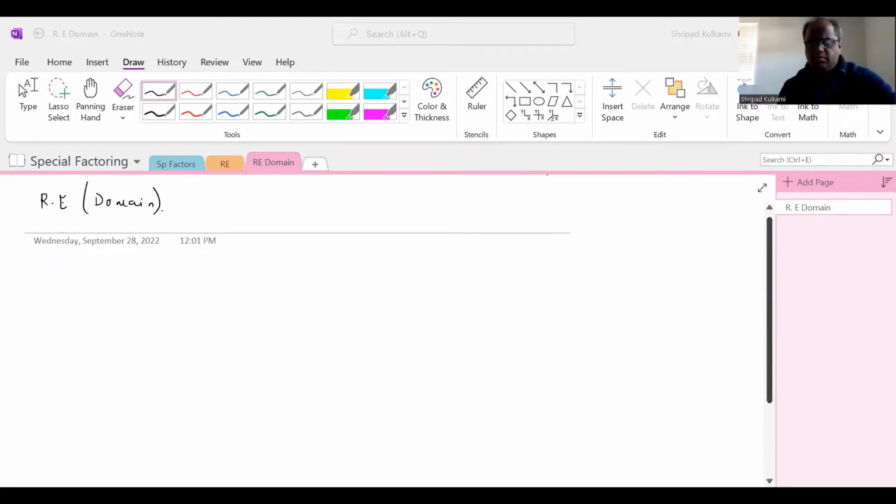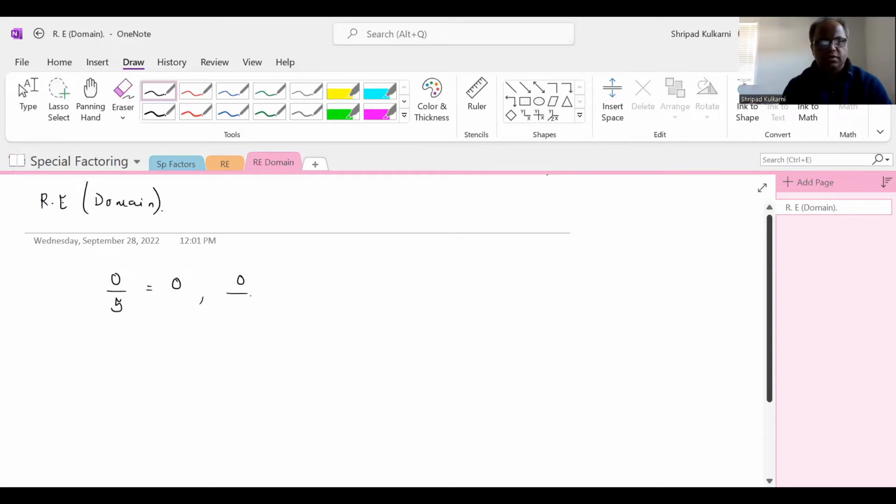All right. So in the series of rational expressions, we are focusing our attention on the domain. Before I actually jump into the rational expression, I will ask you one thing. What is 0 over 5? 0.